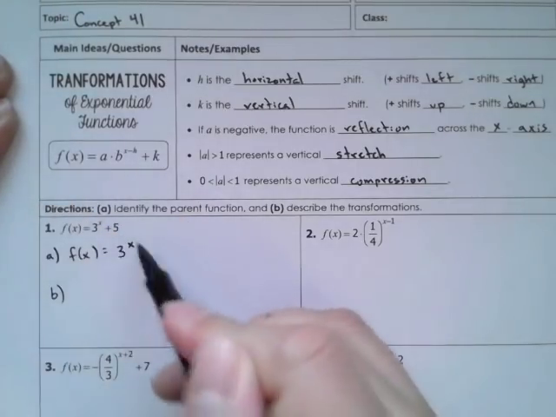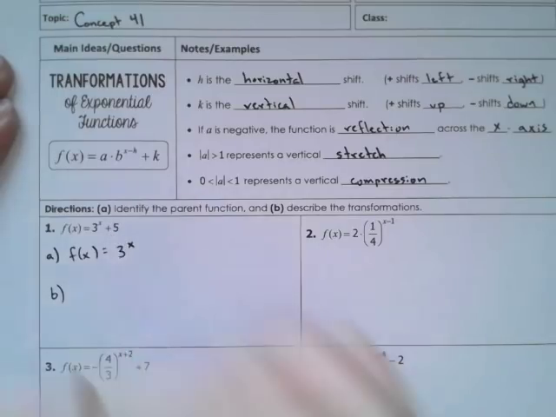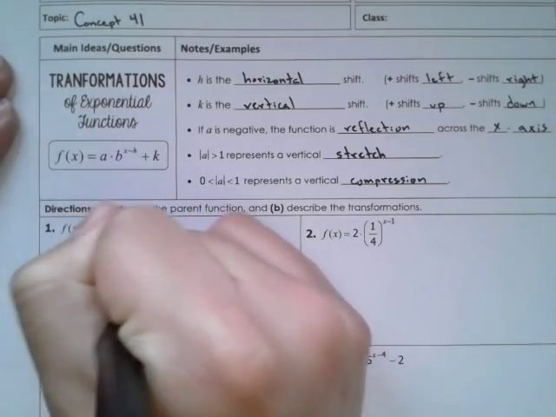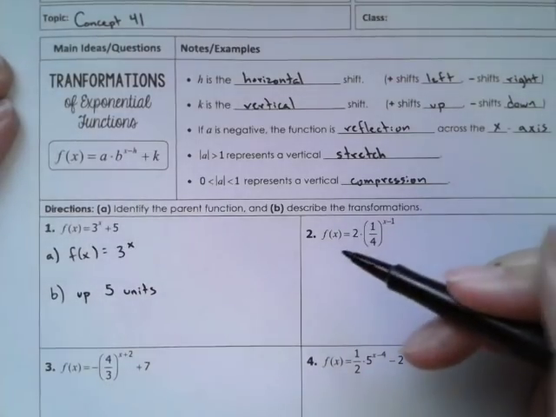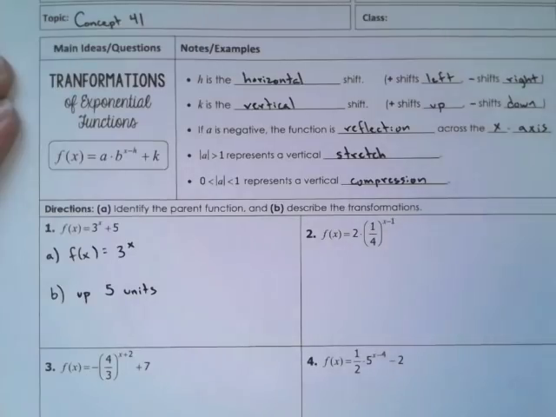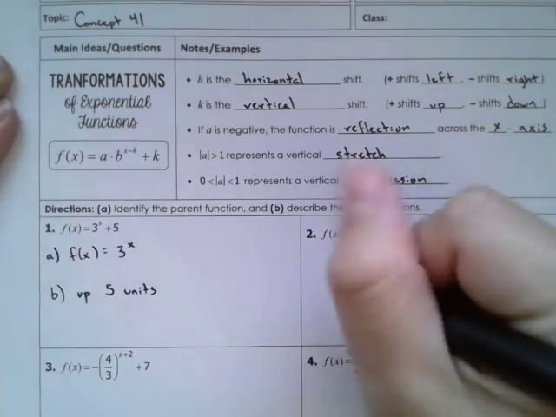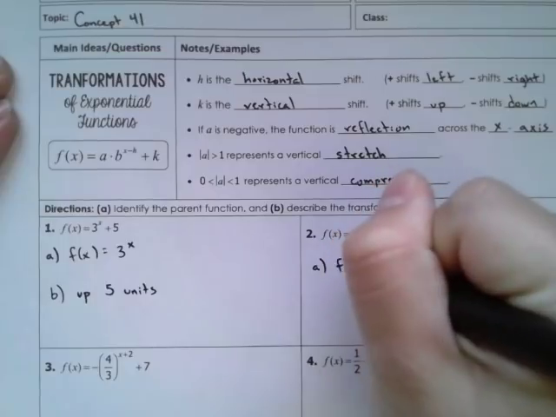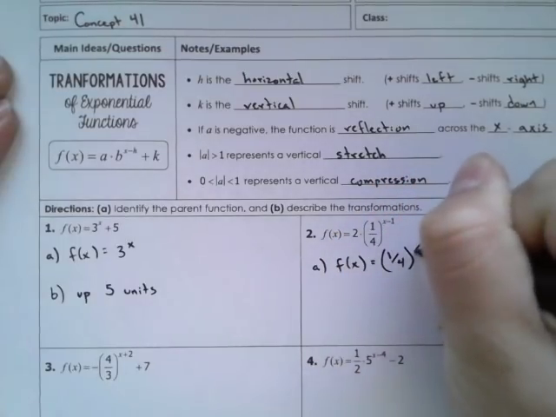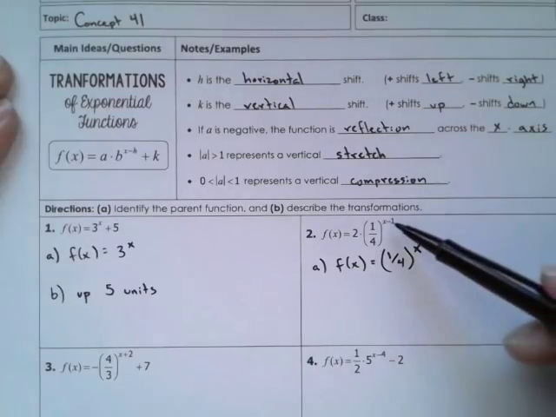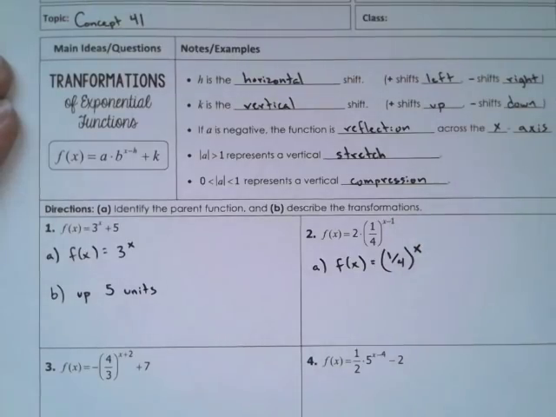So from my parent function here, I have plus 5, so then I go up 5 units. And that's it.